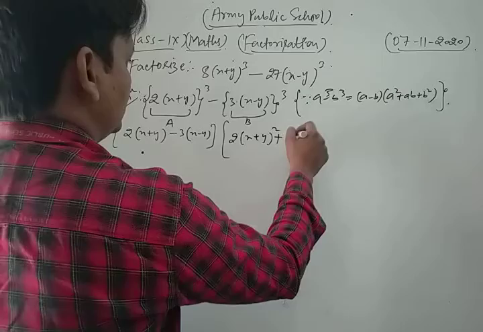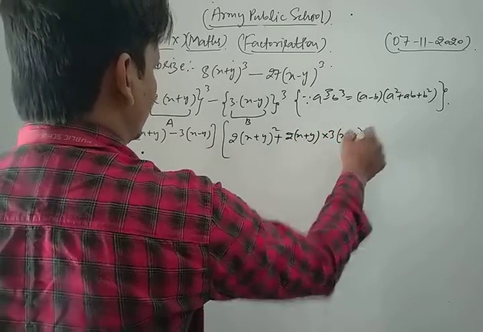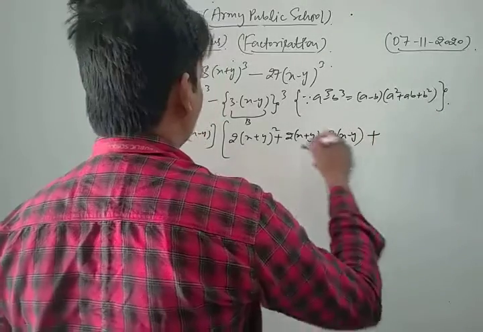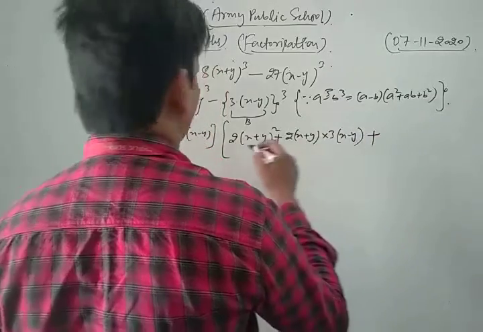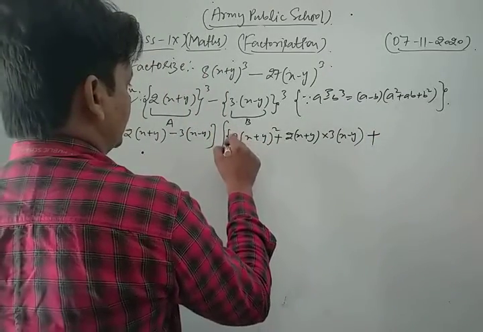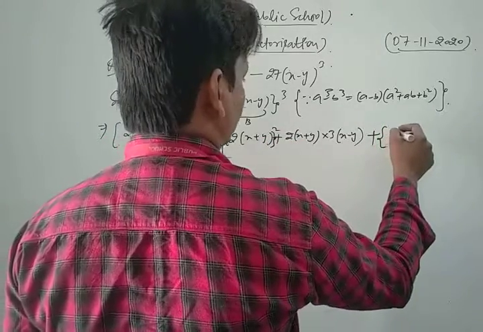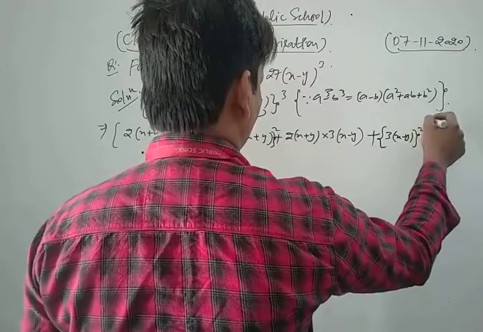Ab means 2 into (x plus y) into 3 into (x minus y), plus b square. B is what? Here 3 into (x minus y), and b square means 3 into (x minus y) whole square.